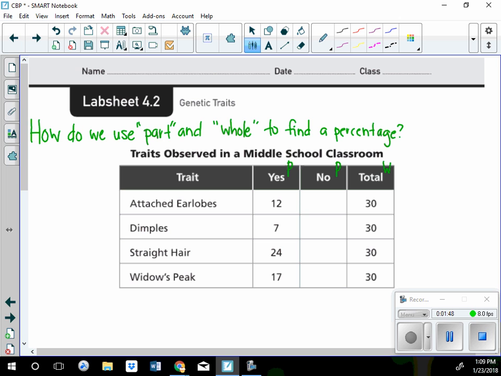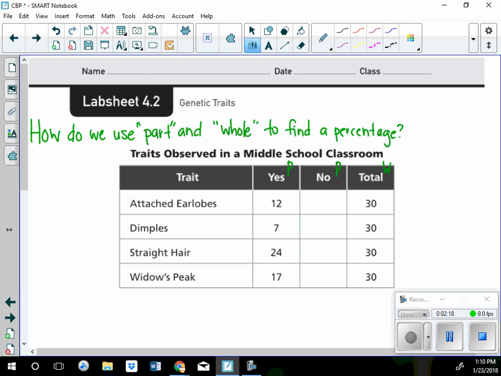All right, so attached earlobes. Bryn, how many people do not have attached earlobes? All right, is 12 plus 28 30? Twelve plus what would be 30? I'll come right back to you, okay?